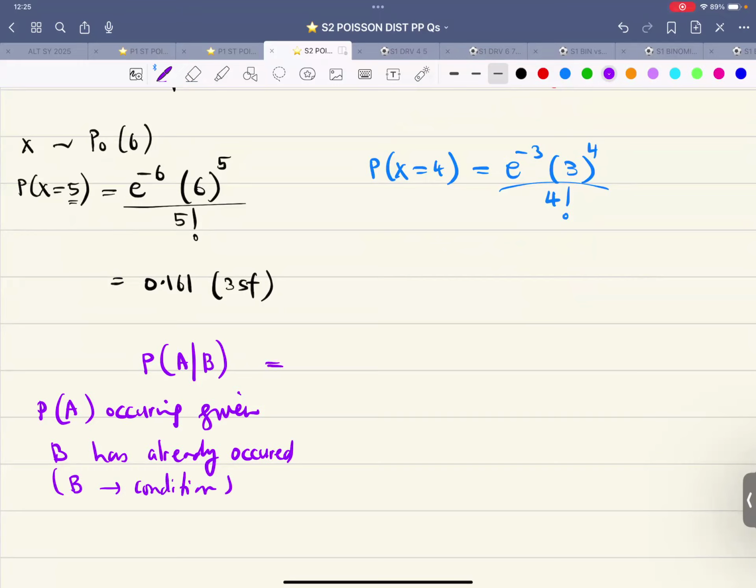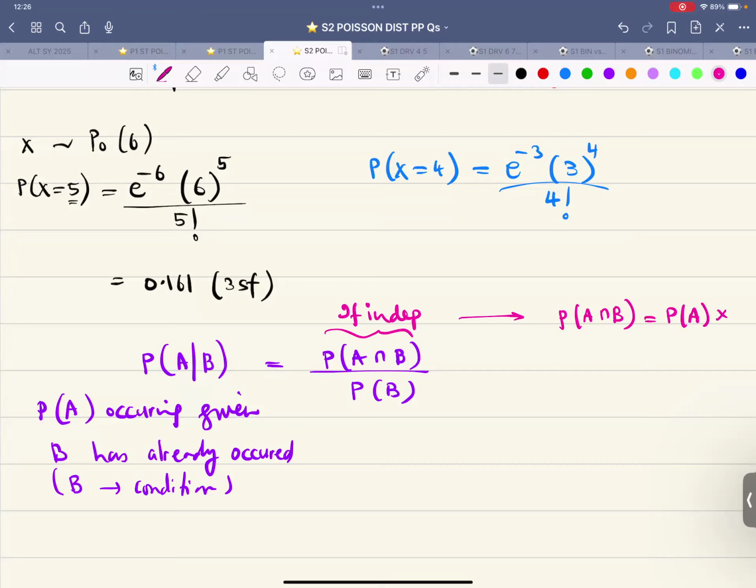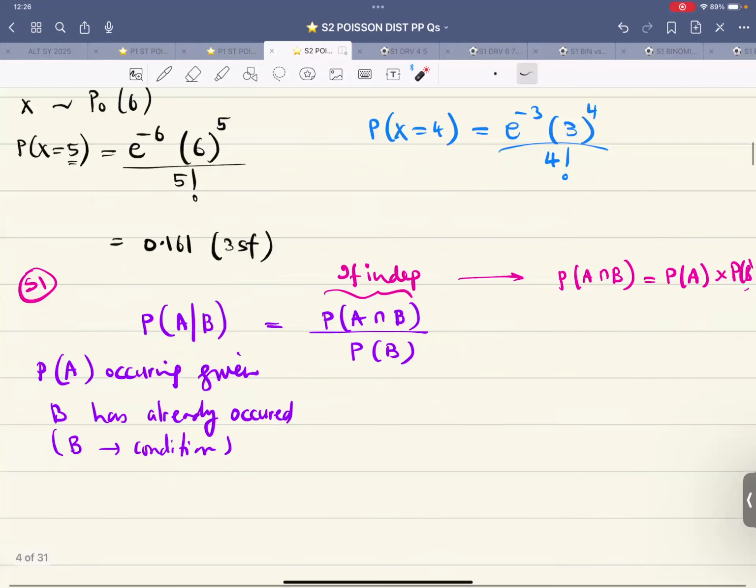The formula is probability of A intersection B divided by probability of B. And if it's independent, then probability of A intersection B is probability of A times probability of B. This is the knowledge that we are using from S1. If independent, probability of A intersection B is the product of the individual probabilities.